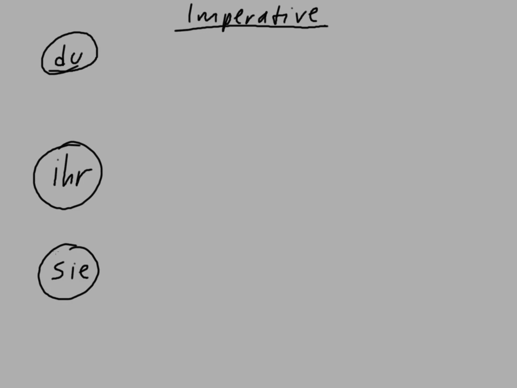So let's have a look at the du imperative first, and then the ihr and the sie. The du imperative is formed by taking the verb in the second person and we just remove the ending. Now let's see how that works.